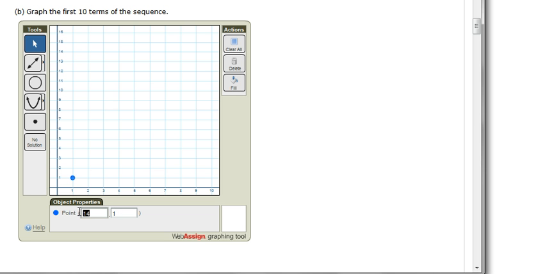I'm sorry. The first term is 14, which is 14 over 1. So 1, 14, enter. Then pick the point again. 2, and this is 14 halves, which is 7, enter.